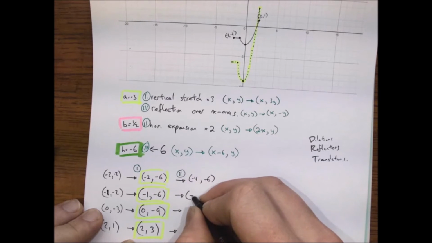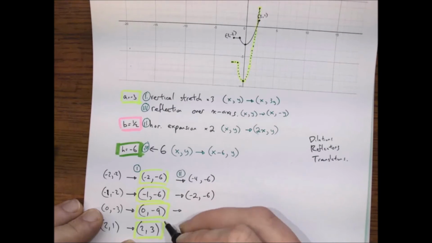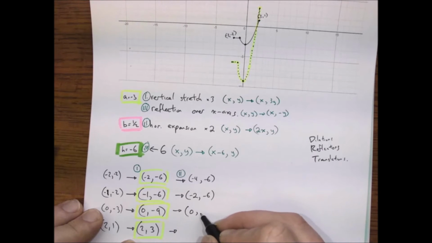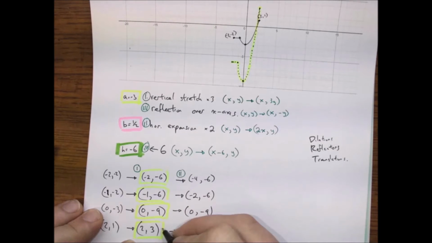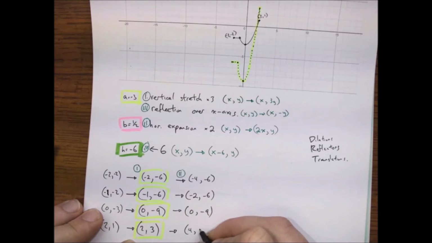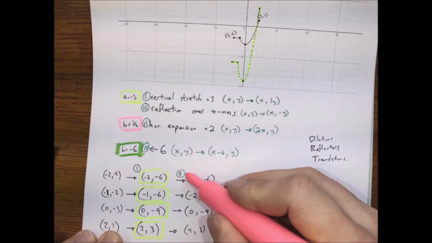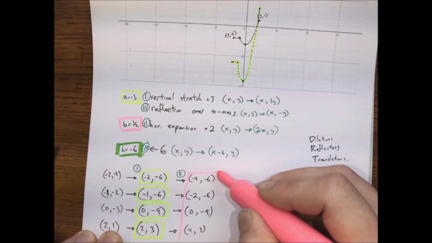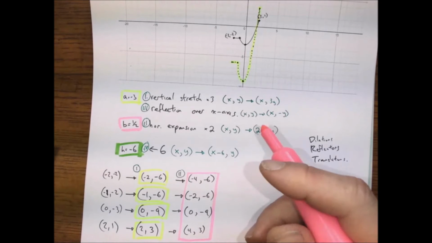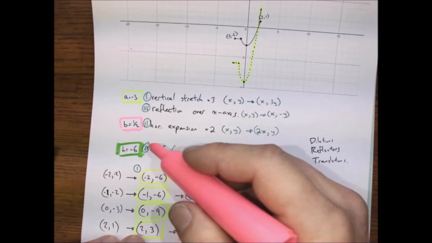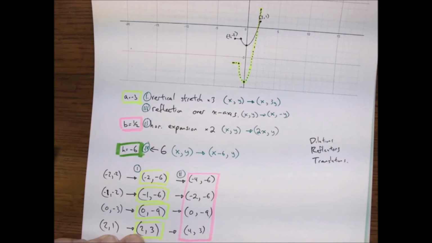Negative 1 times 2 is negative 2. 0 times 2 is 0. 2 times 2 is 4. All right, so I will color those pink because we did say that we were going to use pink for our horizontal expansion here.